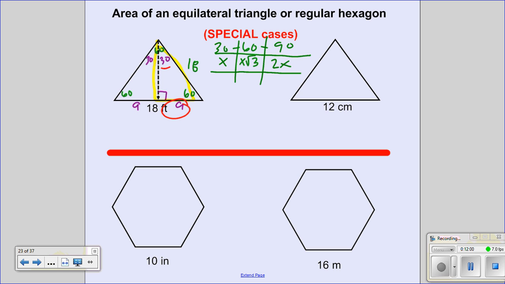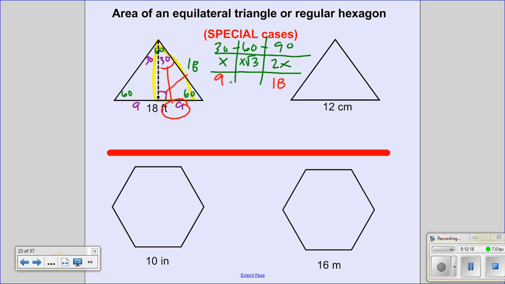As you can see, here's 30, across from it is 9. Across from the 90-degree angle is 18, which makes sense because it's supposed to be 2 times whatever is across from 30. 2 times 9 is 18.